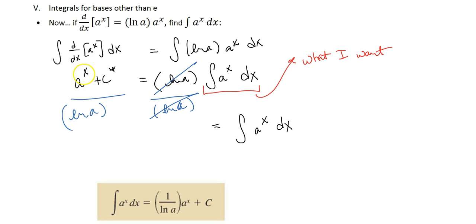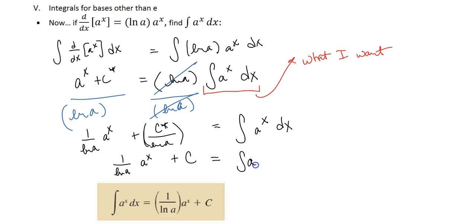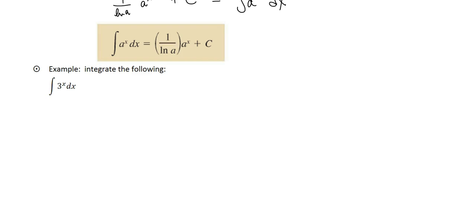So if I write this as 1 over the natural log of a times a to the x plus c star over the natural log of a, this is just a constant. So I'm going to call this 1 over the natural log of a times a to the x plus c. And that gives me the integral of a to the x dx. So this is my answer right here, and this is the formula for the integral of a to the x dx. So we're going to use this to do some integration.